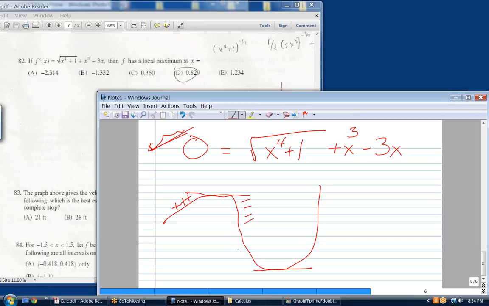Notice that when the slope changes sign from negative to positive, it's a minimum. So there's the first derivative test. The second derivative test, if you want to use that, says it's a maximum if the second derivative is concave down or negative. It's a minimum if the second derivative is concave up or positive. So there's a first derivative test and there's a second derivative test.